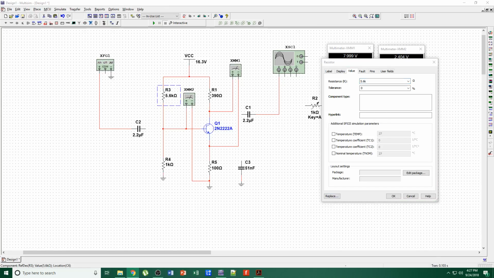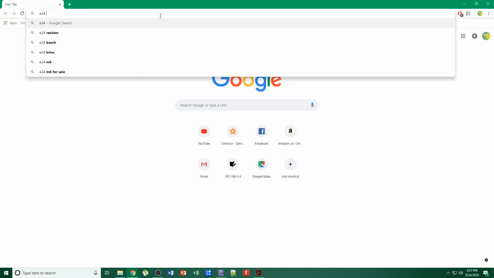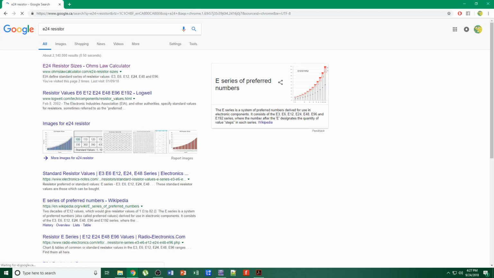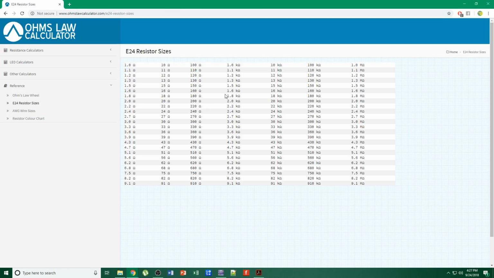Is there anything in between? Let's see. E24 resistor. 5.6, 6.2.